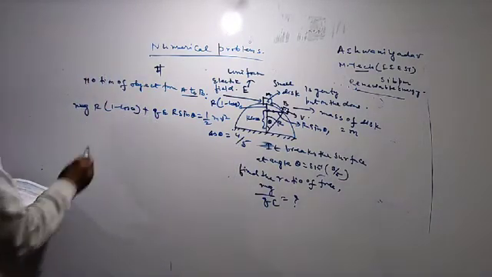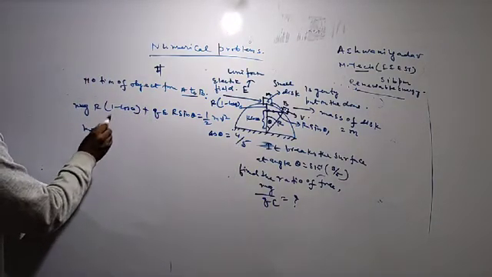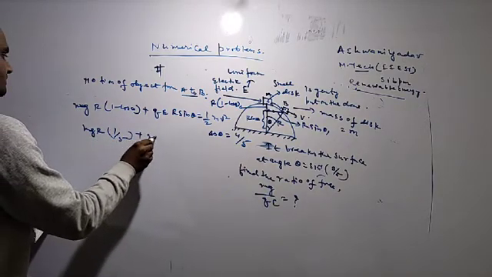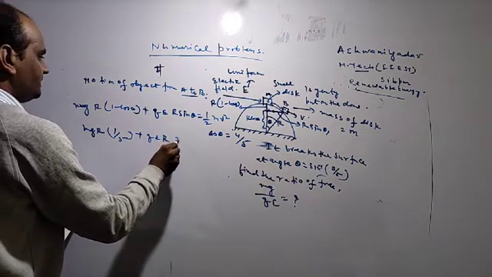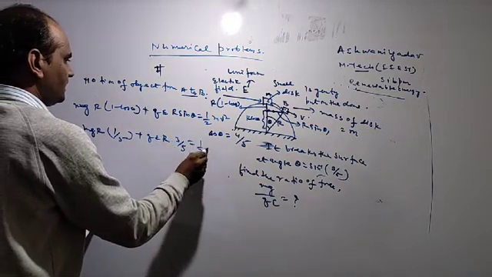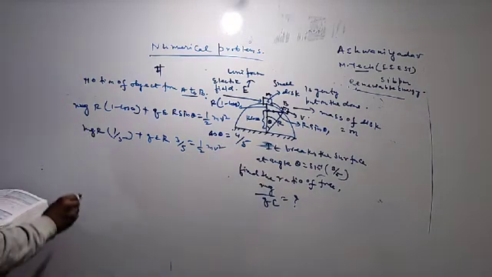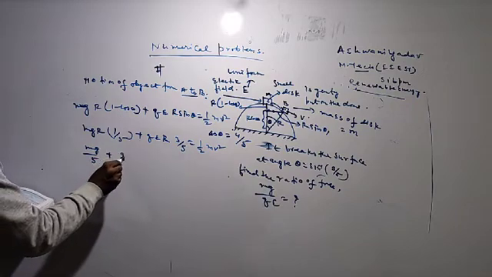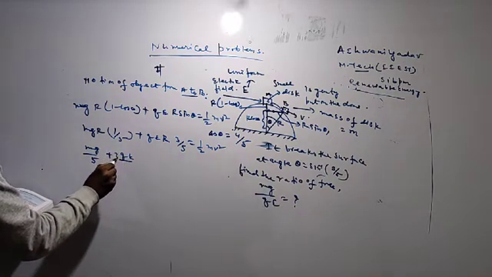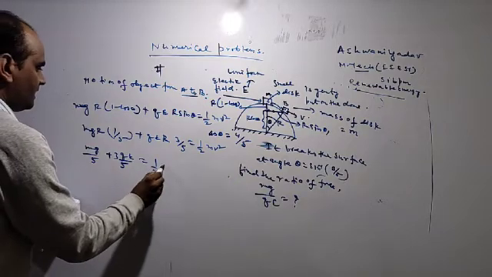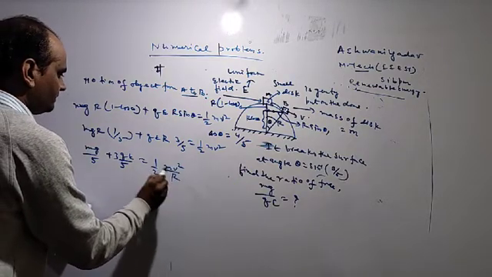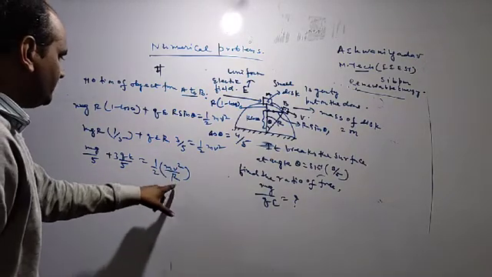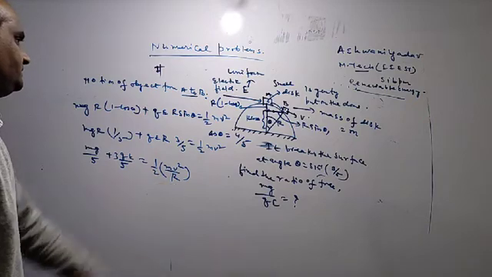We can use this: mgr times 1 minus 4/5. This will be equal to 1/5, plus QE r sin theta, 3 by 5, is equal to half mv square. mg by 5 plus 3 QE by 5, we have half mv square by r, because this is the centrifugal force, mv square divided by radius.